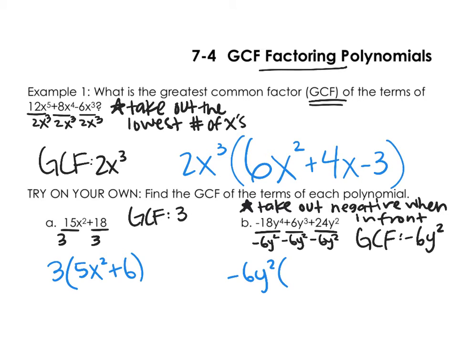Negative 18 divided by negative 6 is going to leave me with a positive 3. And then a y to the fourth, and we took out y squared, so we're going to be left with y squared.